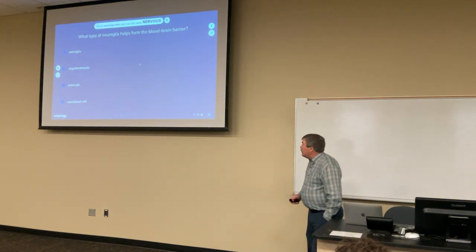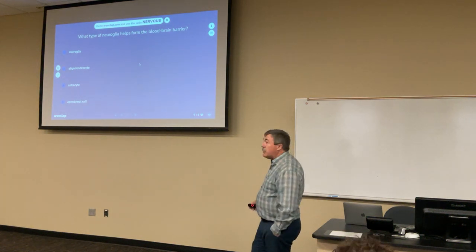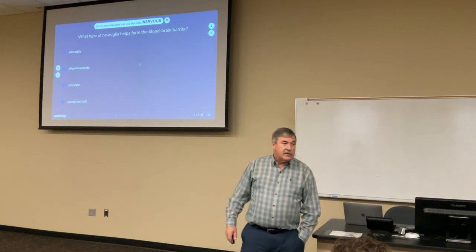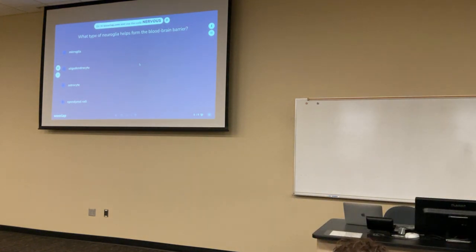Let's do another one. So it says, what type of neuroglia helps form the blood-brain barrier? This has to do with the function of one of the 4 neuroglia that's found in the central nervous system.